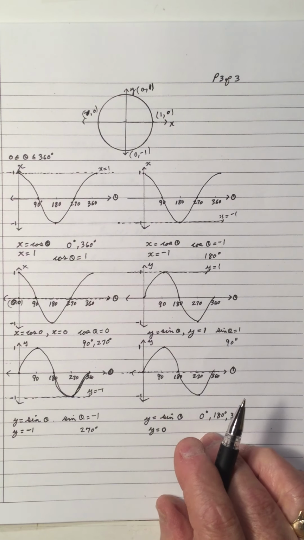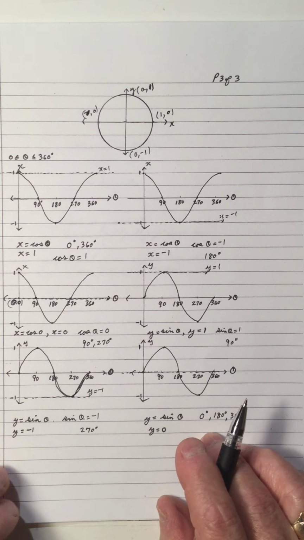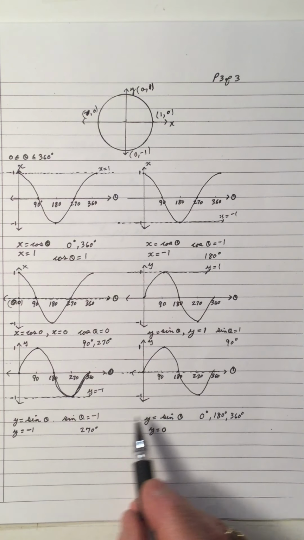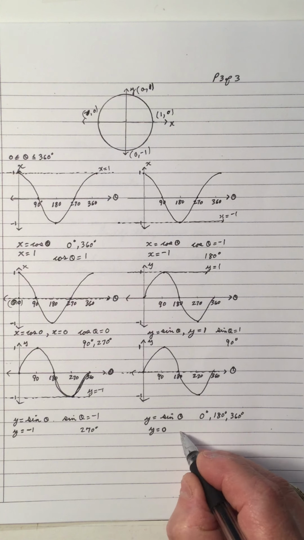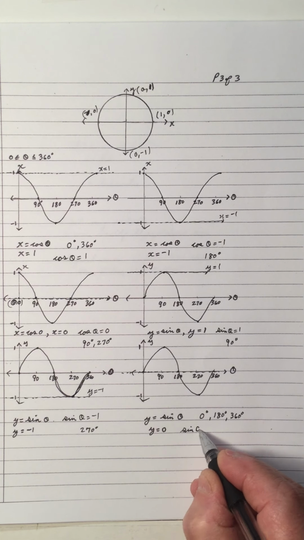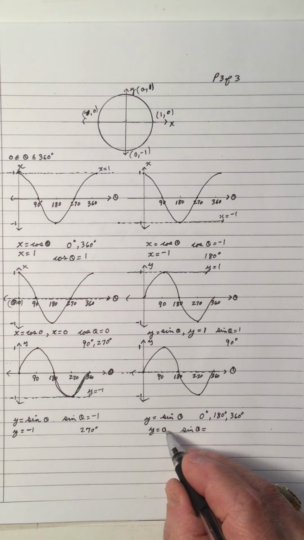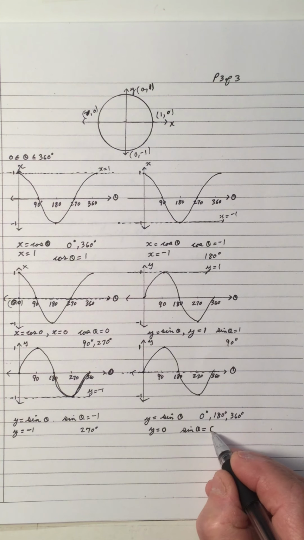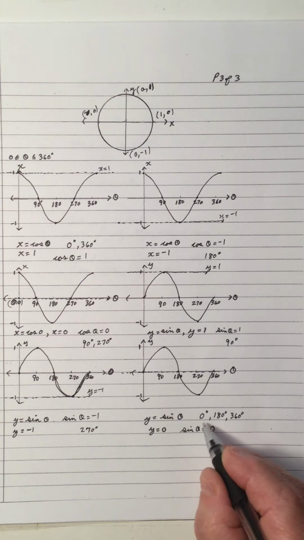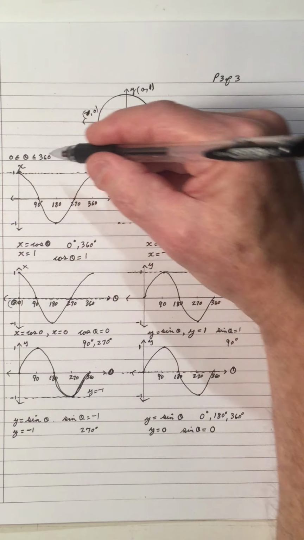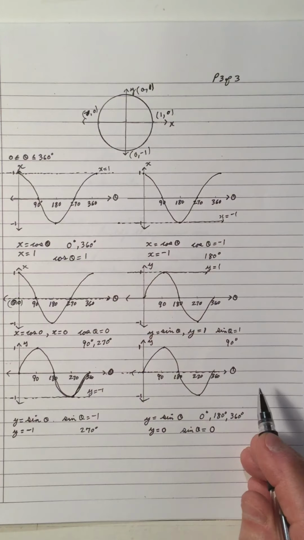So that's just another way to show it in terms of the equation, showing you how the equation y is sine theta, y equals 0, gives the equation we're trying to solve: sine theta equals 0. So where's y 0? There are the three answers according to the domain we're picking the answers from.